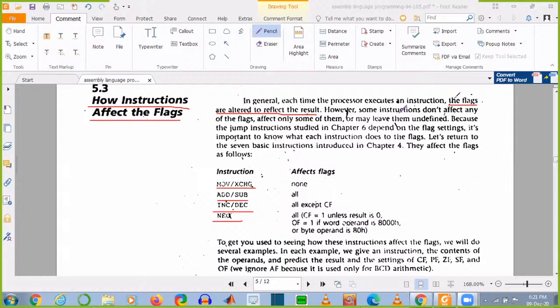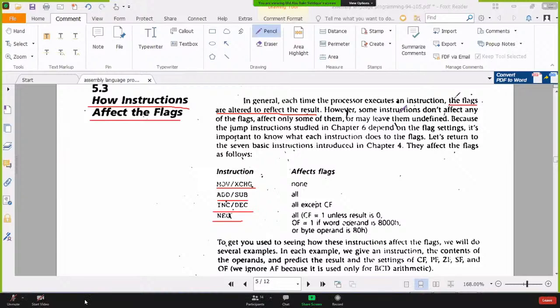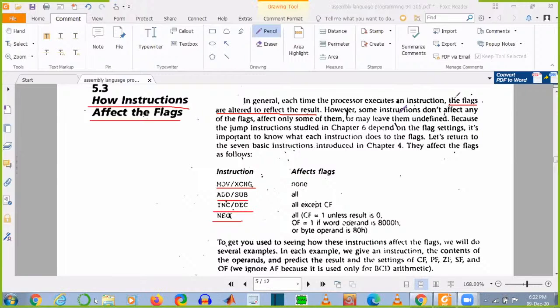So there are nine flags. What are those? Carry flag. Continue. Aminul? Okay, who can name the nine flags?